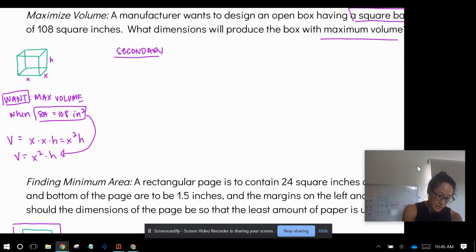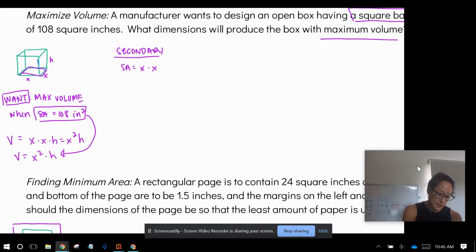The surface area of the box is x times x for the base. Each one of the sides is x times h, and there are 4 of those sides, so plus 4xh.